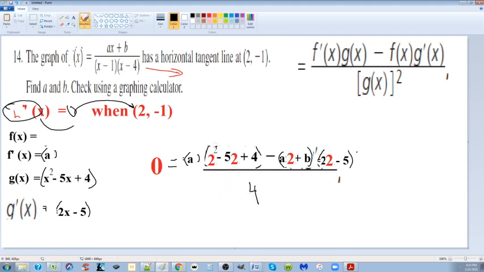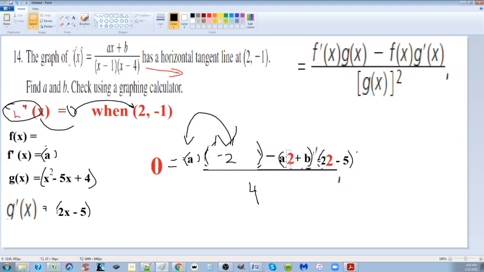Up here, we can only solve what's in the bracket. We just have an a multiplying. What's 2 squared? 4. Minus 10. Plus 4. Oh, we got a minus 2 situation again, which makes sense because that was g of x twice. So we essentially have minus 2 times a. If we rearrange it, I like to always have my numbers first.